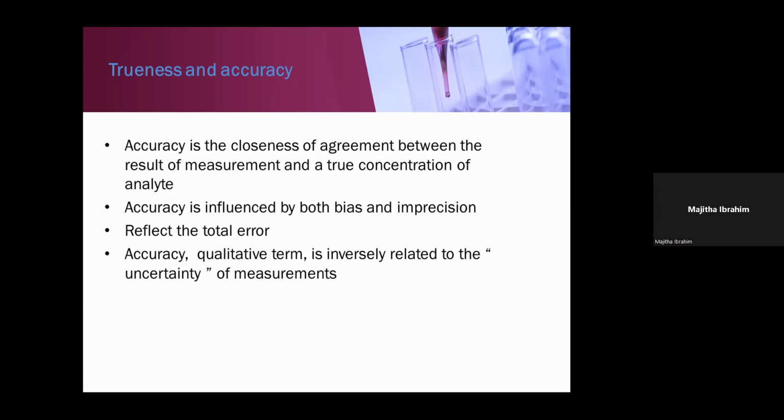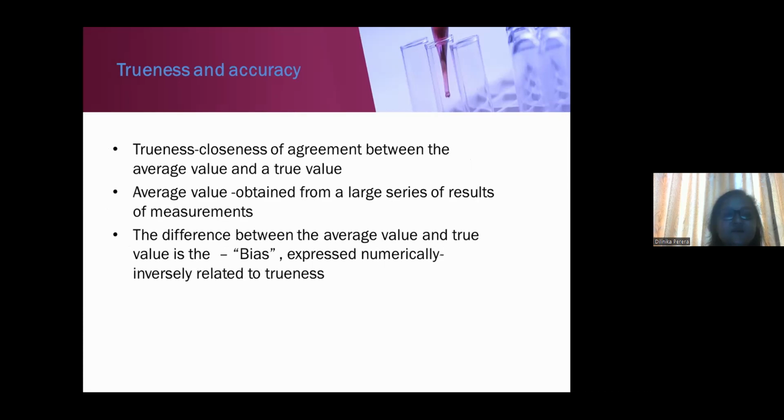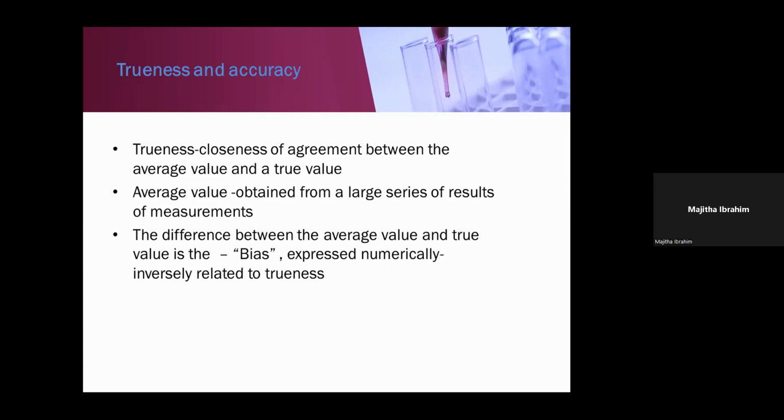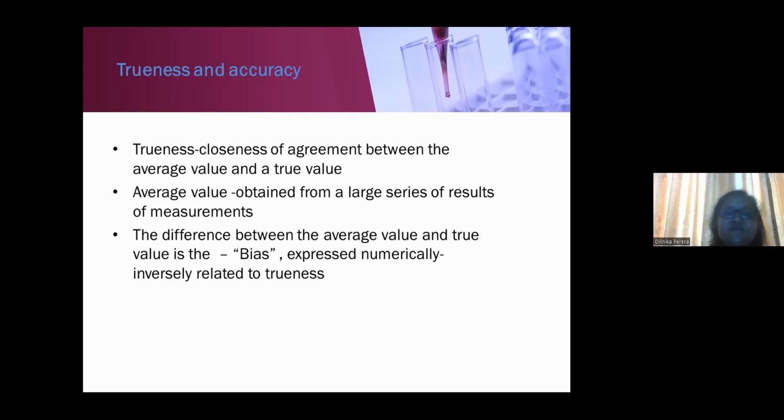No, what about this then? There's a previous one before this. Yes, this is a difference with the average value, expressed numerically, inversely related to trueness. Yes, that is the trueness. The trueness is taken from the agreement between a large number of measurements and the true value.